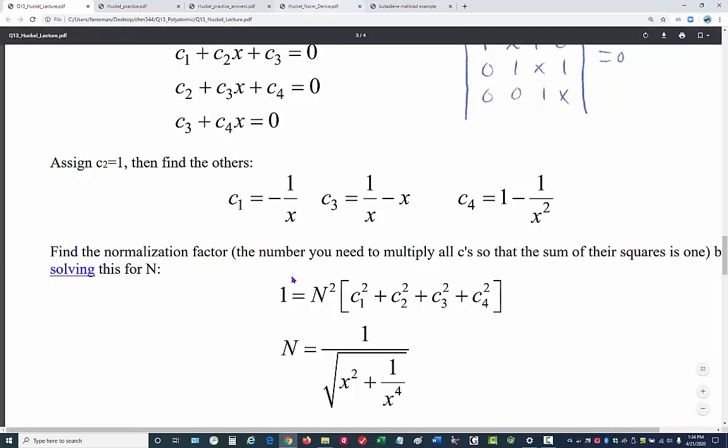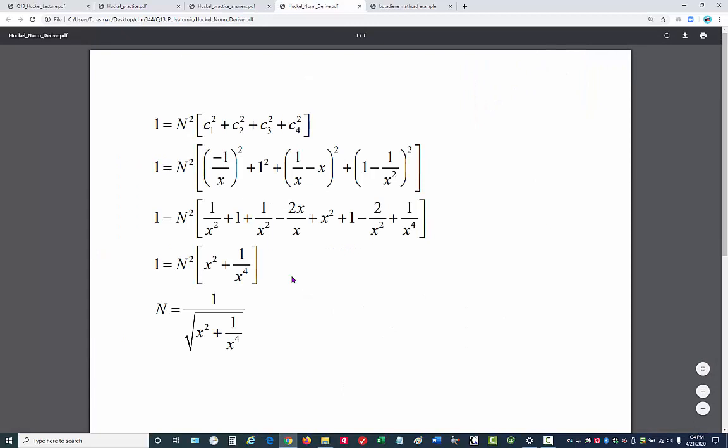I have that available right here. I don't want to take too much time here, but I'm displaying the algebra. If you want to pause the video and look at each step by yourself, you can. But I'm just basically saying, okay, if this is going to be true, what does n have to be? I solve for n, and I get my normalization constant in terms of x.